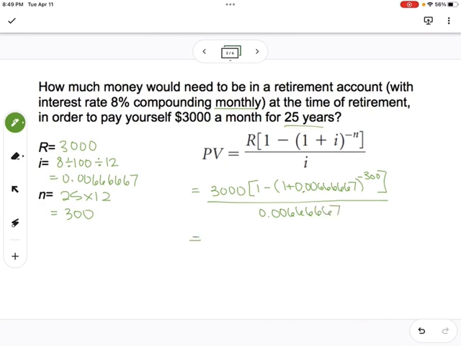Doing your order of operations, you're going to solve what's in the bracket first, so the 1 plus the interest there, and then we're going to do that to the exponent of negative 300. It's going to be 1 minus that number, times 3,000 and divided by the interest.